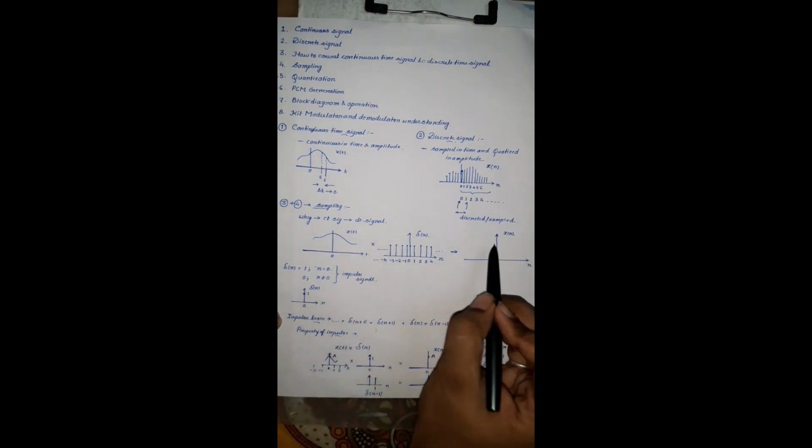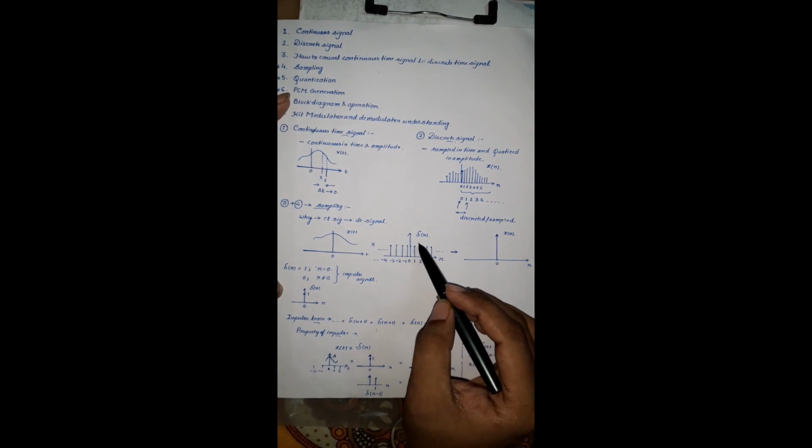That's why we have also written over here that an x(t) signal will be converted to the x(n) signal, that is, the continuous time signal will be converted to the discrete time signal if we multiply the impulse train, that is the discrete impulse train.